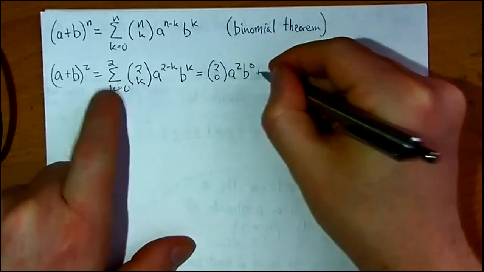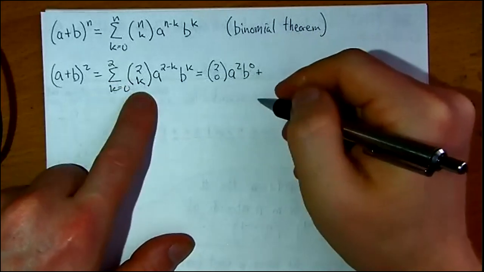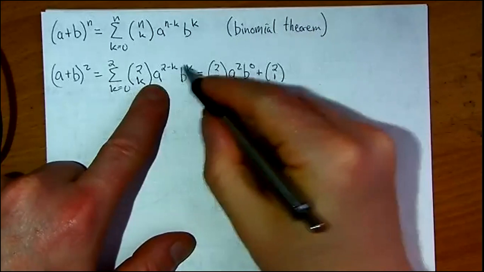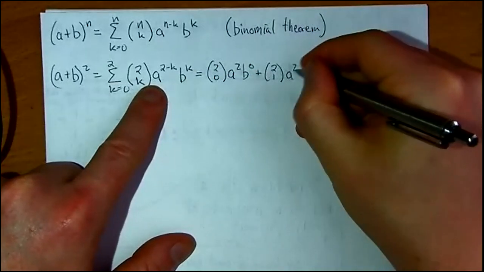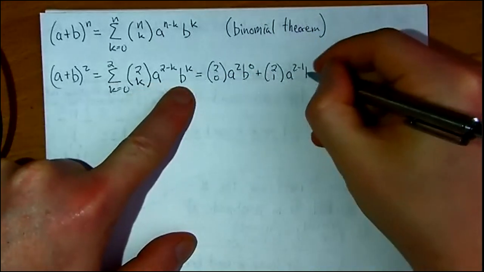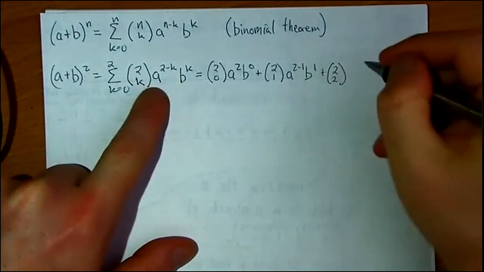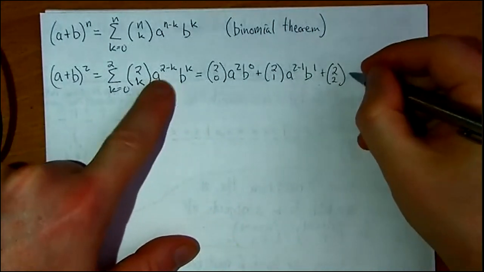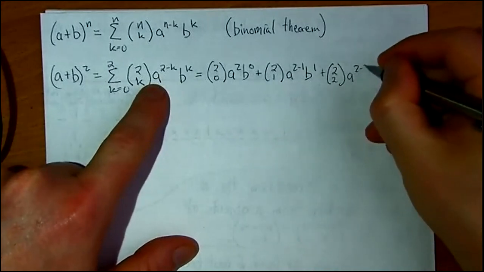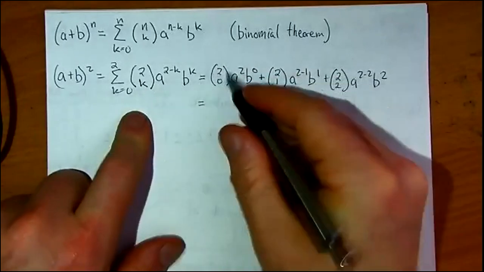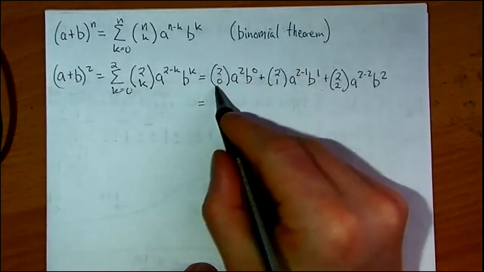Plus, because we're adding, 2 choose 1, a to the 2 minus 1, b to the 1, plus 2 choose 2, a to the 2 minus 2, b squared.